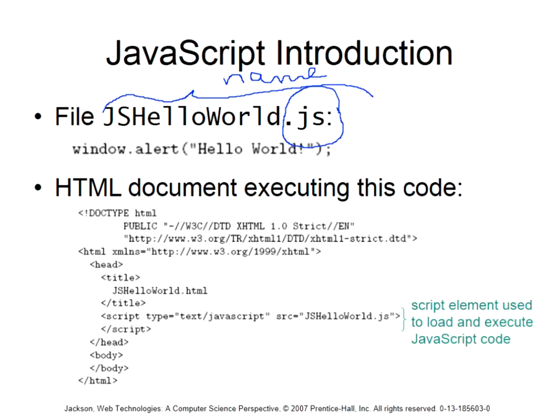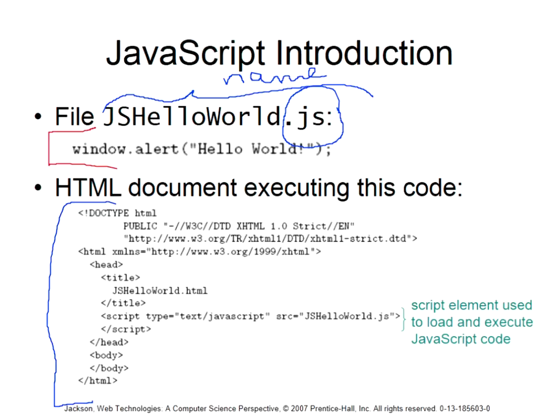So how can we make a link between an HTML document and a JavaScript file? This is an HTML document, and this one is our JavaScript file. We have to make a link between this file and this file.